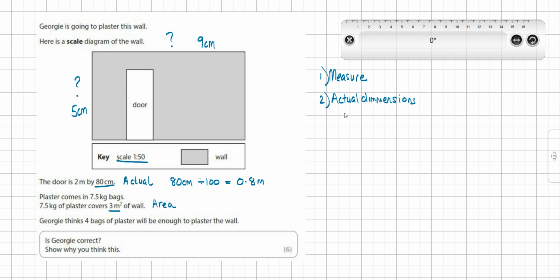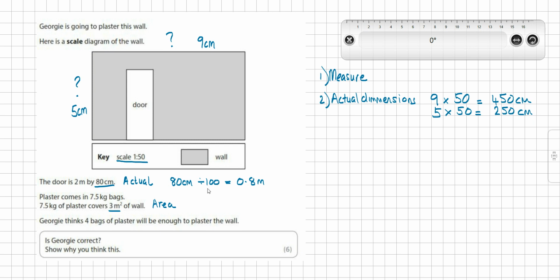So we need to multiply by 50. So 9 times 50, that's our length of wall, will give us 450 centimetres. And then 5 times 50 is 250 centimetres. And that is the height of our wall.